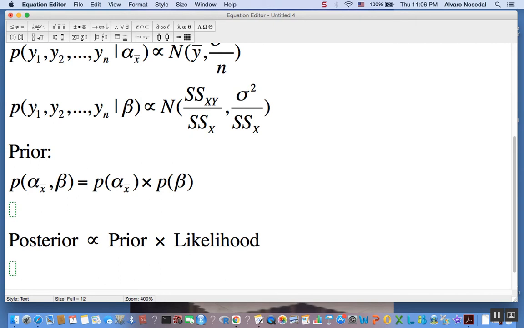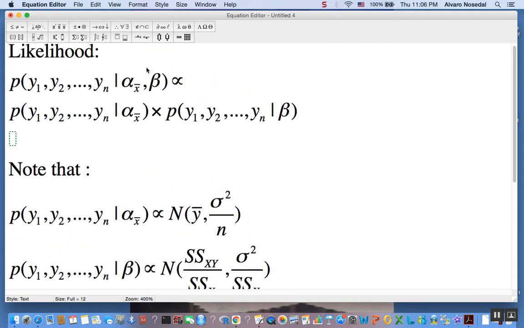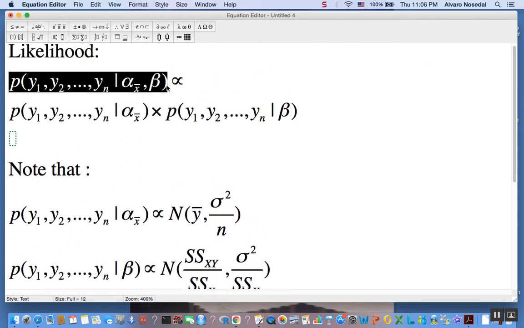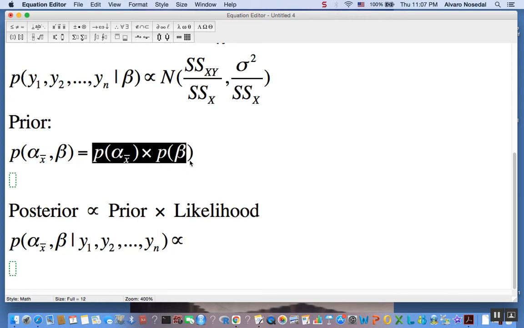So if we do that, using our generic notation here, now what we're going to have is that the posterior distribution is going to be the prior.